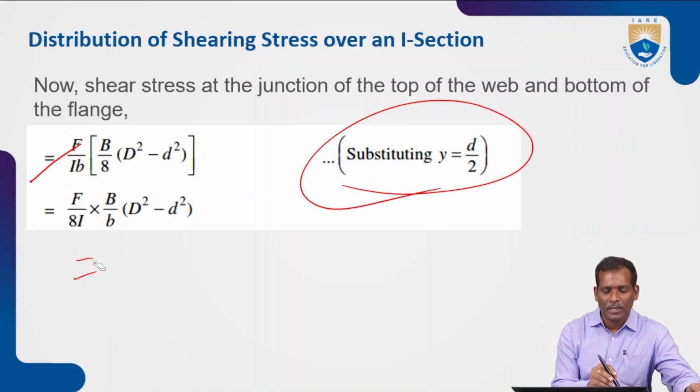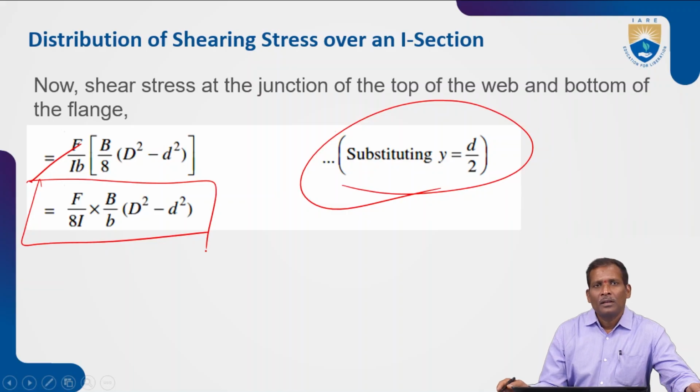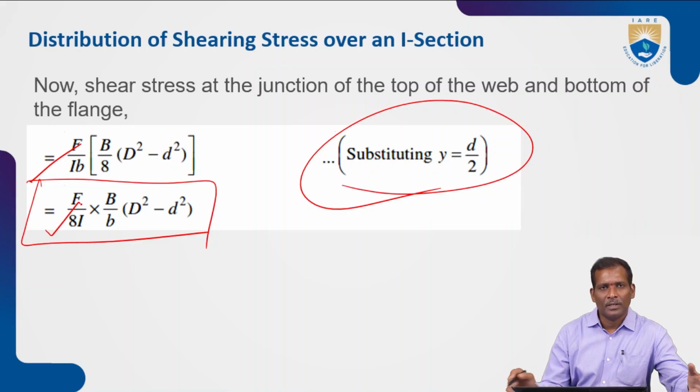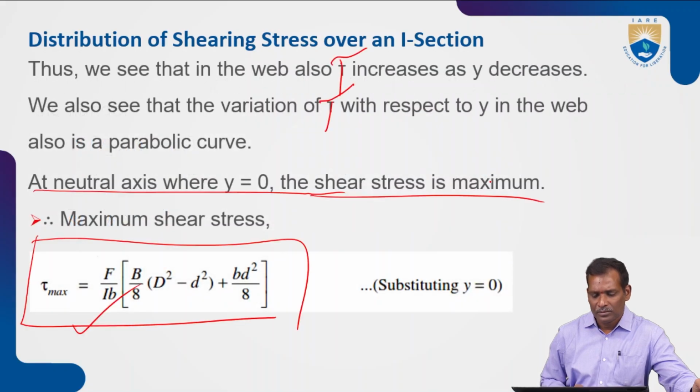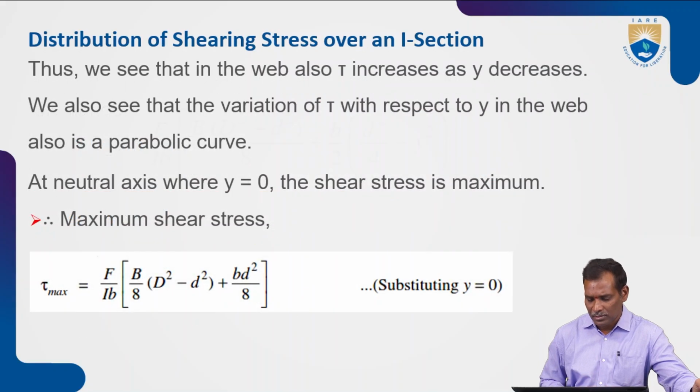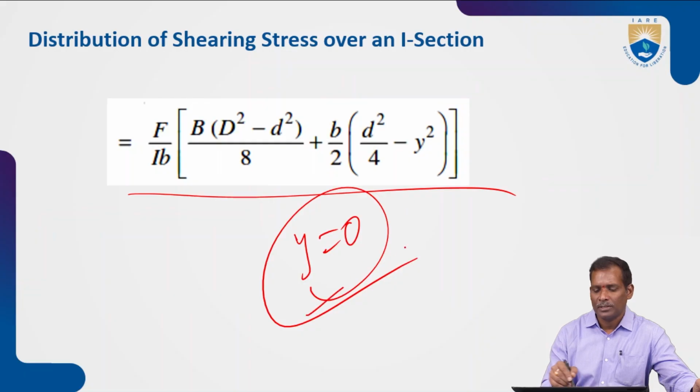So here we substitute, F by 8I, multiply with b, so already here written 8I, and then the equation is rewritten as F by 8I into capital B by small b into capital D square minus d square, after substituting y is equal to d by 2. So in this, y is equal to d by 2 is substituted in this place.